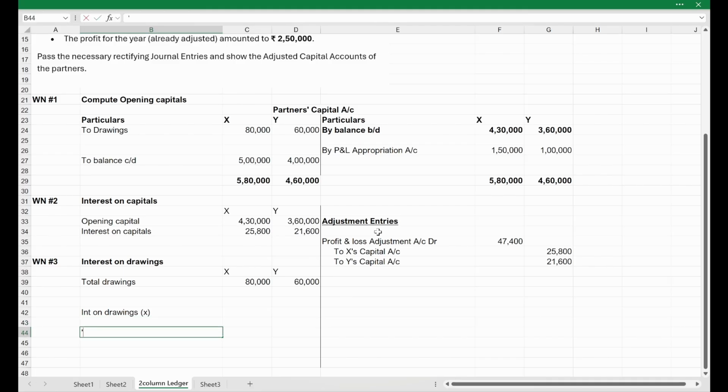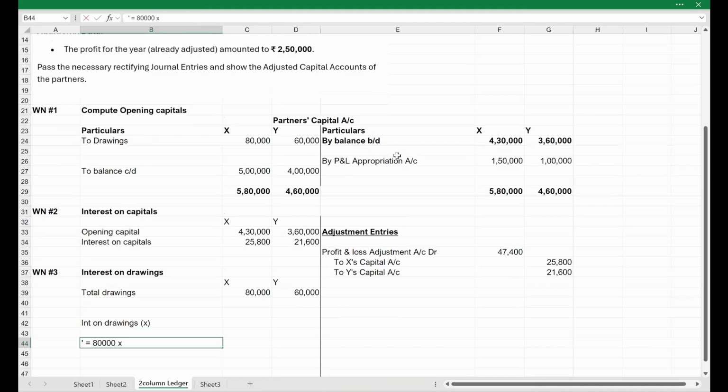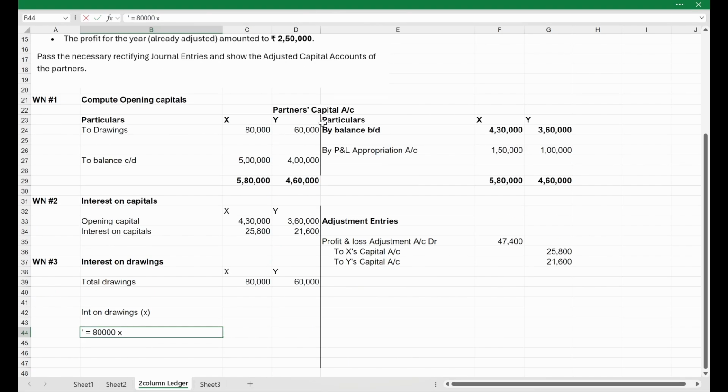So the computation will be written like this: 80,000 multiplied by how much percentage we have interest on drawing? 6%. 6 by 100 multiplied by 4.5 by 12. So the interest on drawings for X is 1,800 rupees. 80,000 for 6% for 4.5 months average period. That is interest on drawings of X.